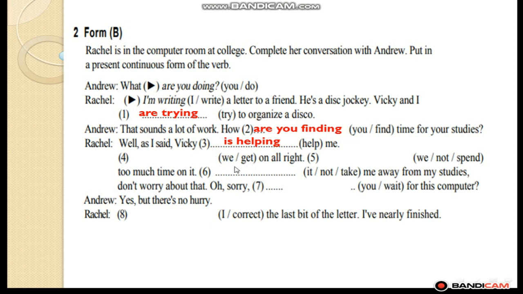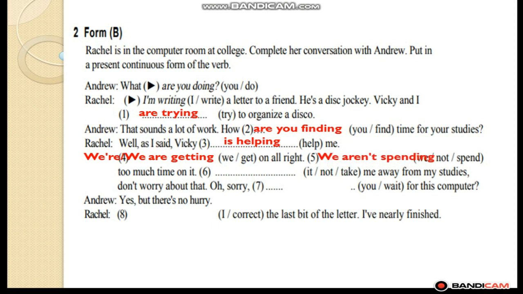Between two brackets we have "we" and "get on". So it will be we are getting on all right.